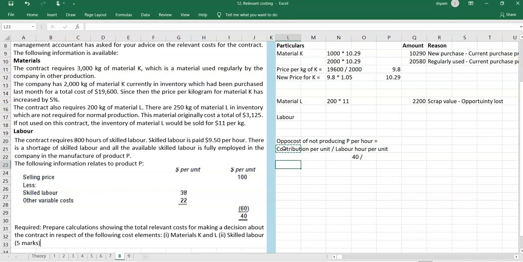To find this, we will divide it into two parts: one is contribution per unit, and the other one is labor hours per unit. This is 40, but what about this? Labor hours per unit, we will calculate it here.